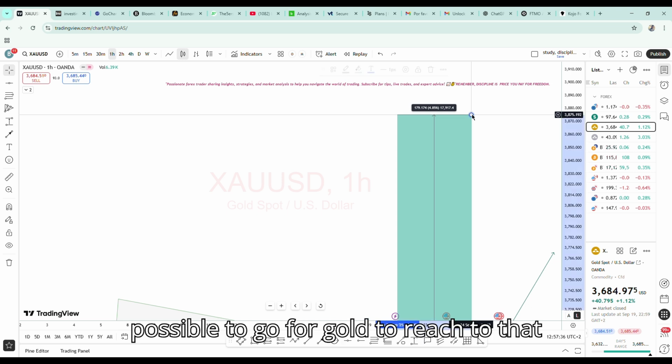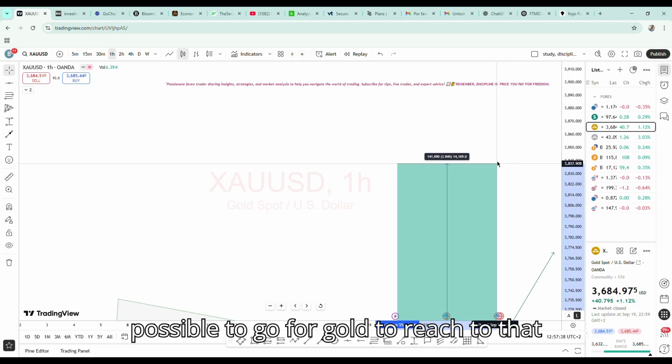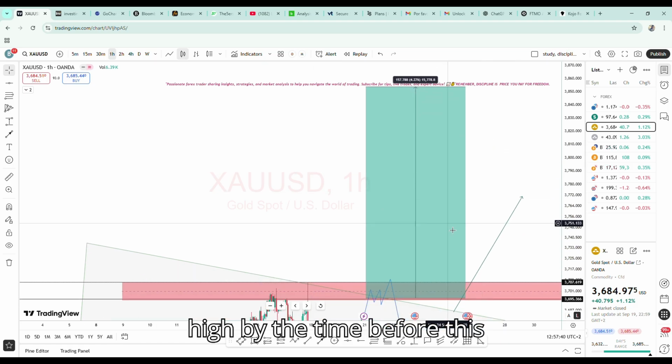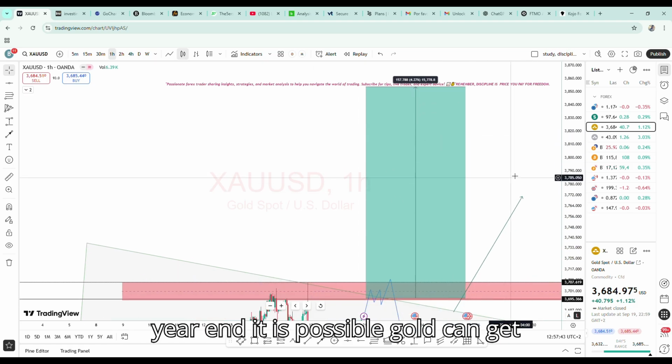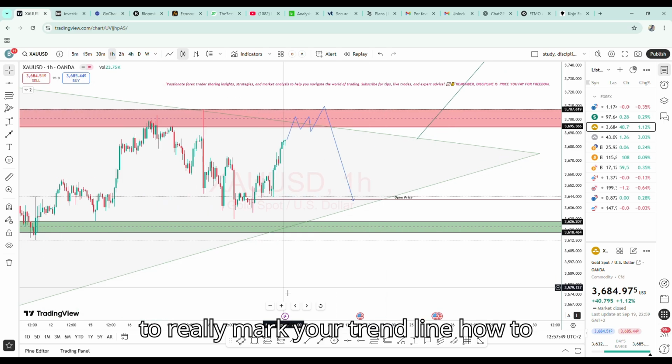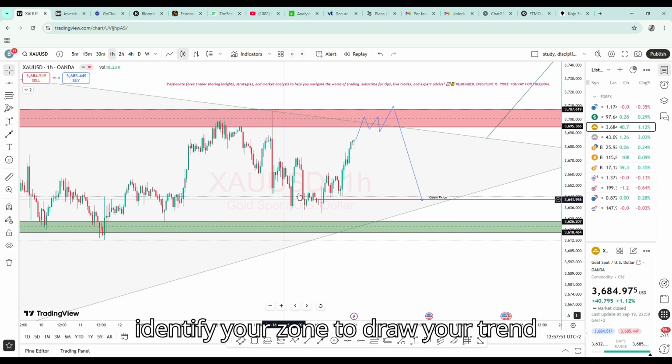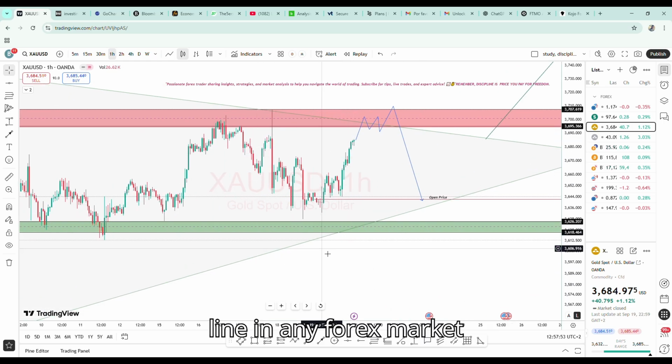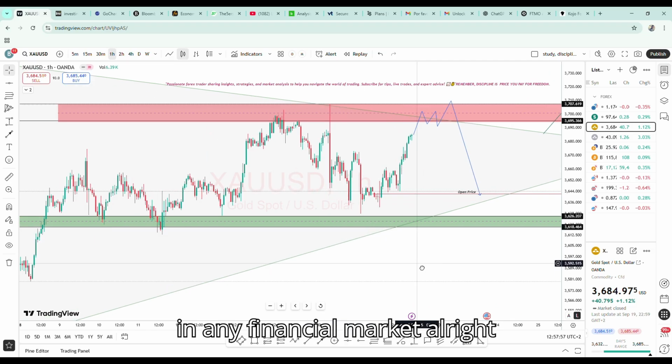Possibly gold can reach that high before this year end. So this is how to really mark your trend line, how to identify your zone to draw your trend line in any forex market, in any financial market.